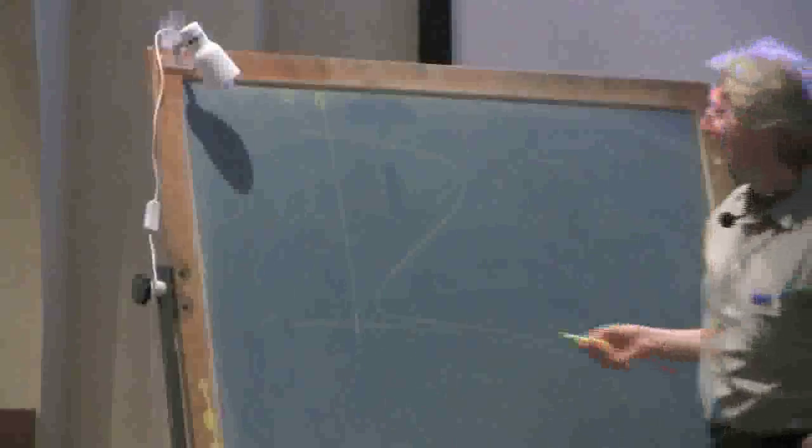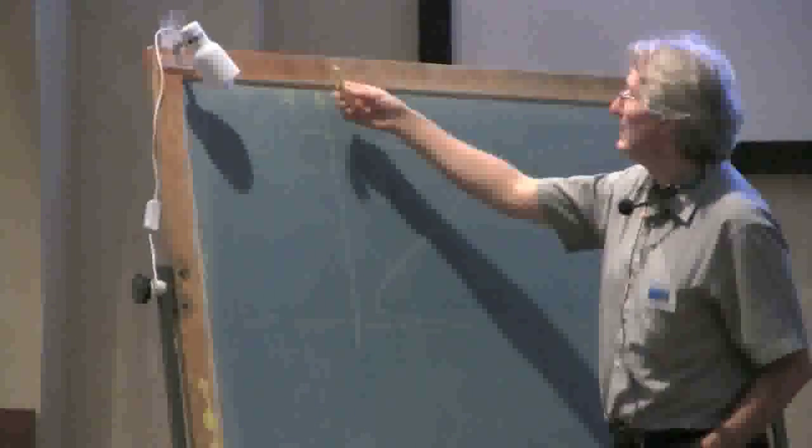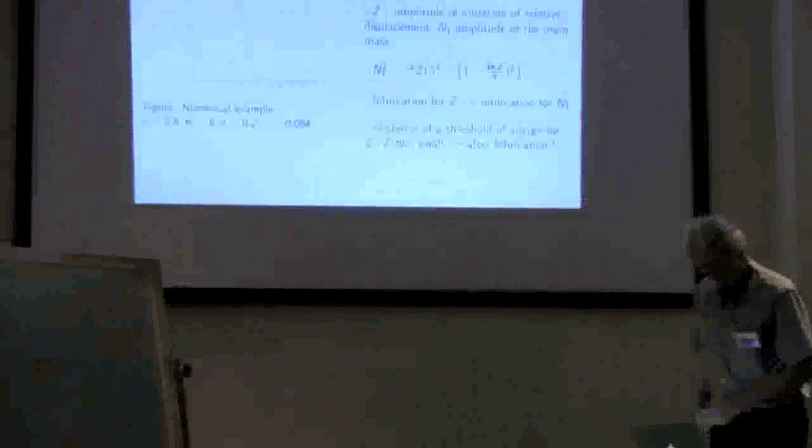So you could understand the following thing, because Z is associated to what happens after waiting a time long enough, because Z is connected to N2, so it is the amplitude.